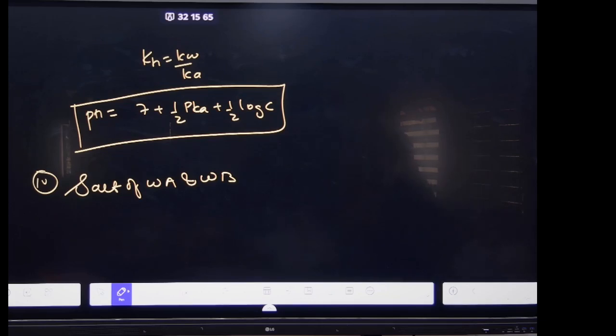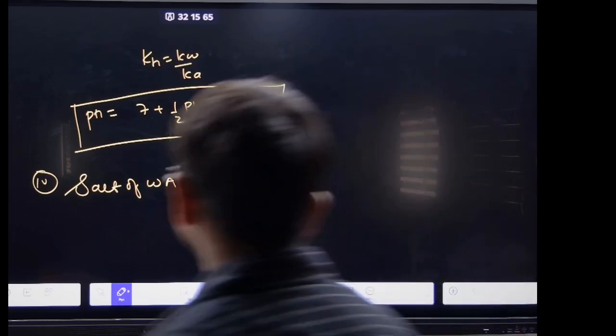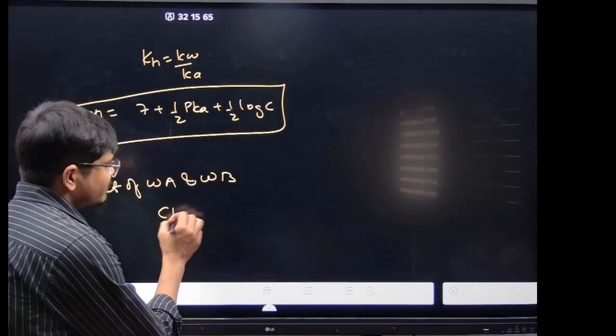Acetic acid and HCl? HCl is a strong one. हाँ? CH3COCl? अरे वो तो एसाइल क्लोराइड हो गया, वो तो सॉल्ट ही नहीं है. See, you can write this one as, देखो, ammonium acetate, right?